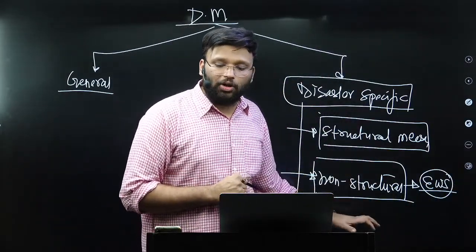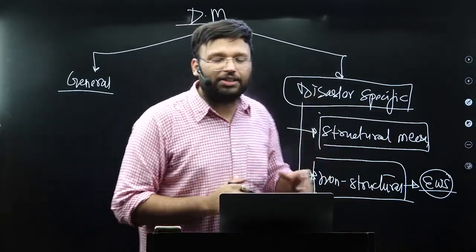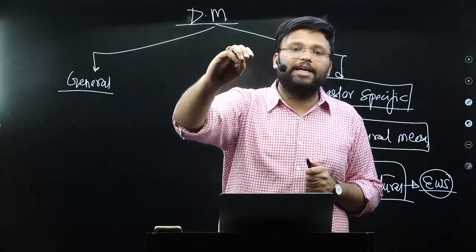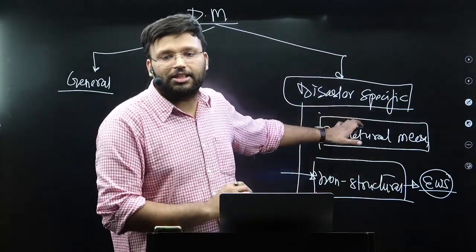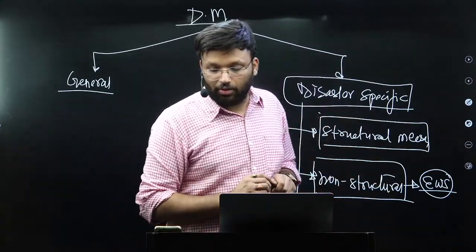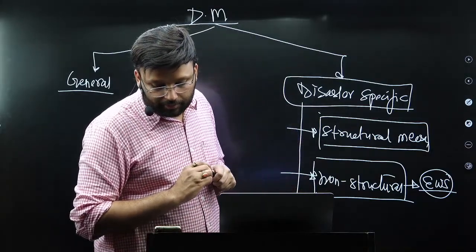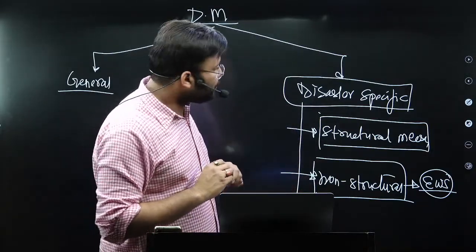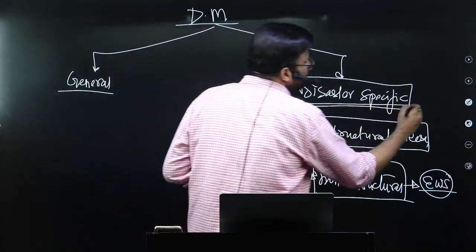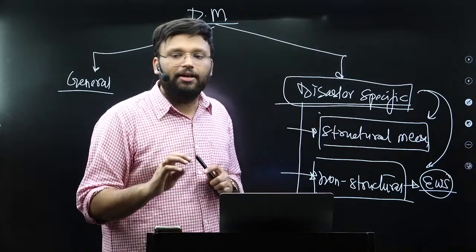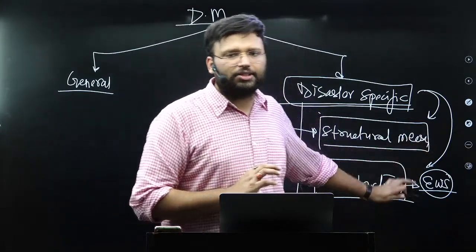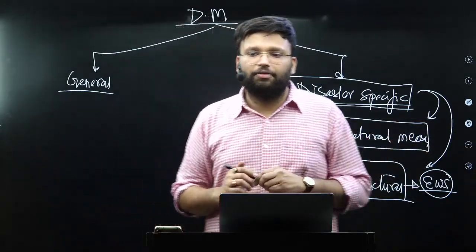So these are the non-structural measures. For every disaster, if you open the Sunya IAS mains book for GS3, you will see that we have segregated these structural and non-structural measures. So for every disaster, you should have these structural and non-structural measures in your head. 2 to 3 points in each of structural and non-structural would suffice.